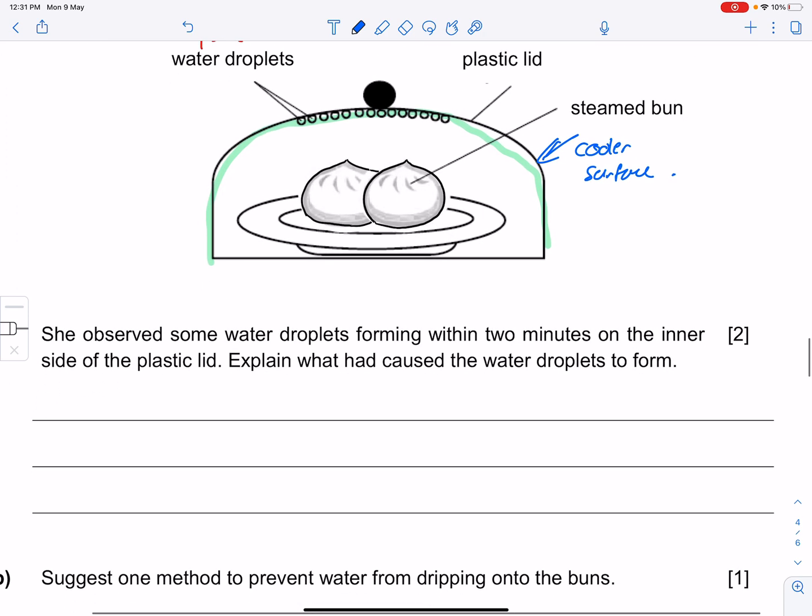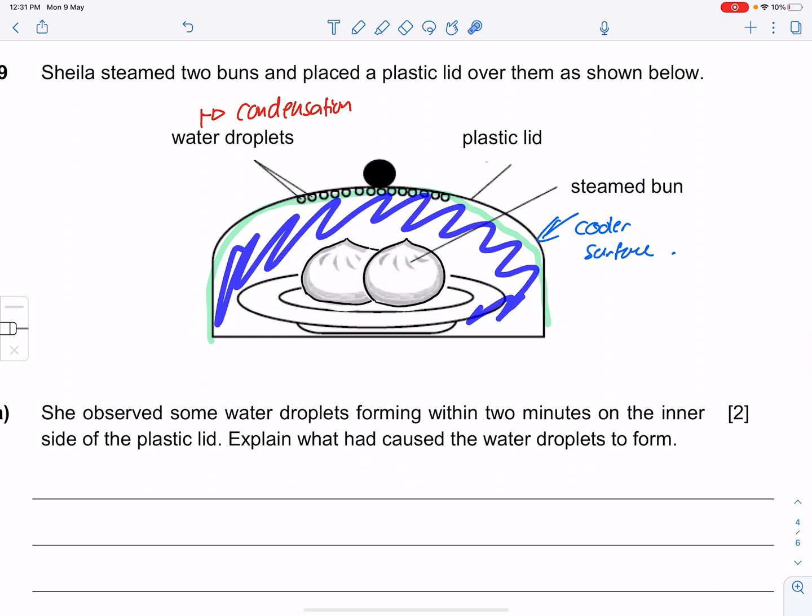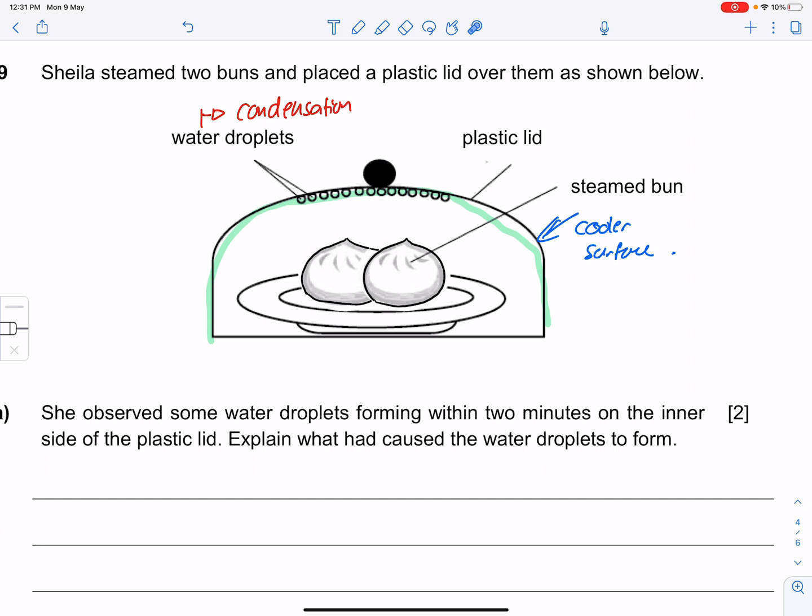for you to understand. Now, you need to understand that inside this whole part here, your surrounding air contains water vapor, right? So, one type of answer is to say that the cooler water vapor in the surrounding actually gains heat from the steam buns.